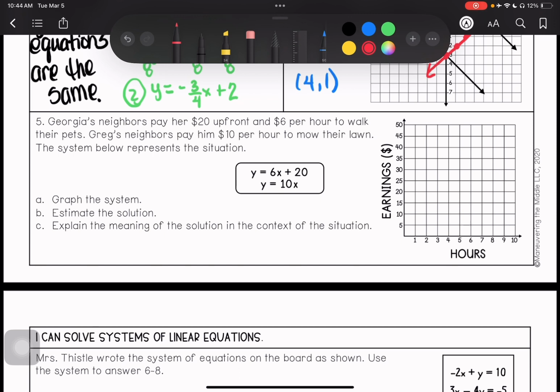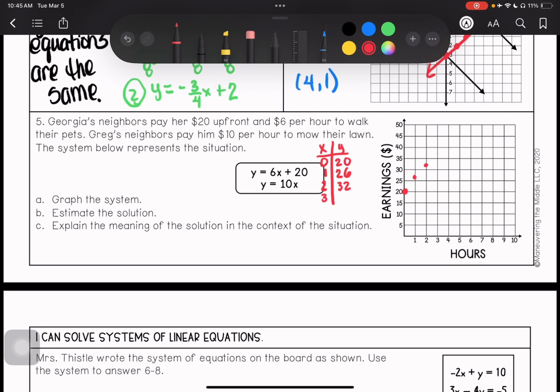Okay. So when x is 0, y is 20. When x is 1, y is 26. When x is 2, y is 32, which will be about right here.